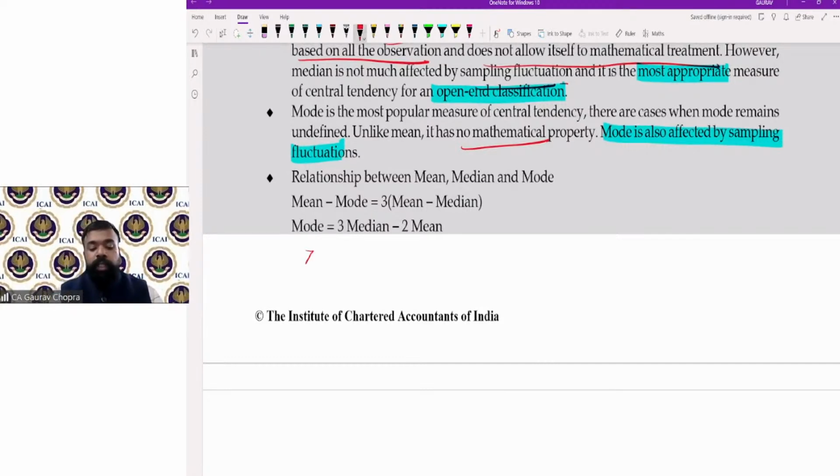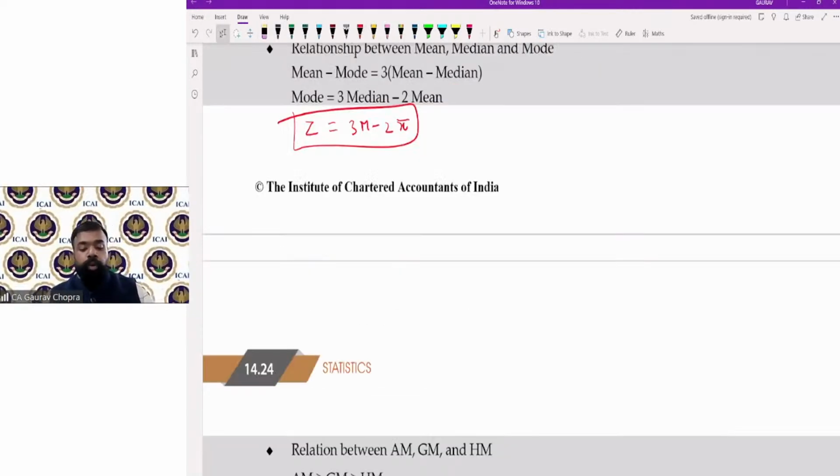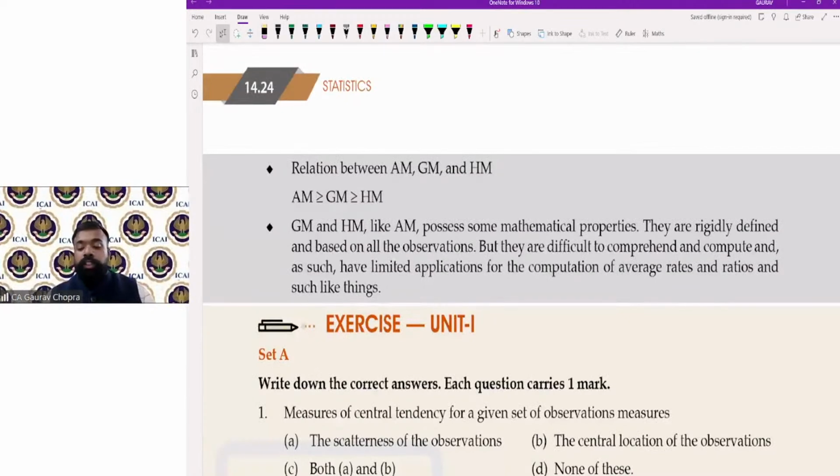So mode is equal to 3 median minus 2 x bar. This is the basic property of mode. Then the relationship we had done between AM, GM and HM. So AM will be greater than or equal to GM, greater than or equal to HM. And also one formula is there: GM is the root of AM multiplied by HM.